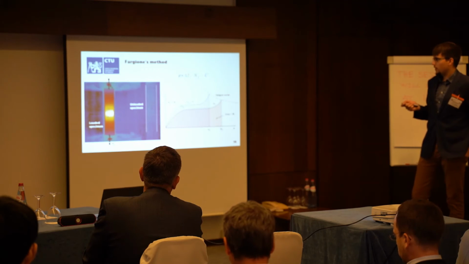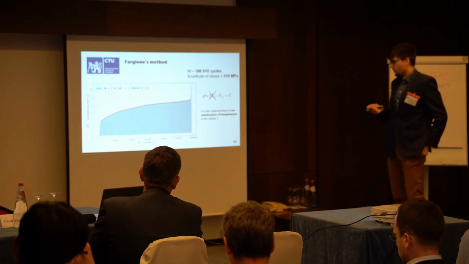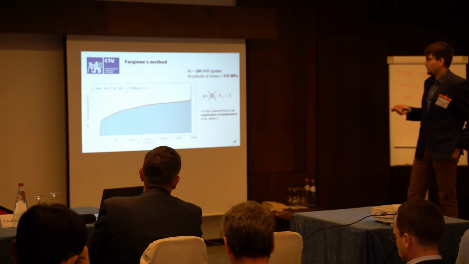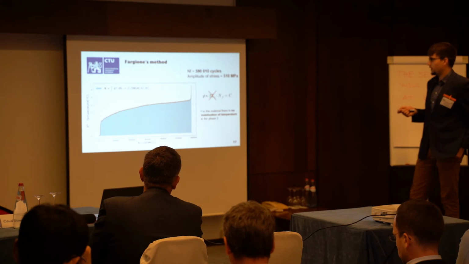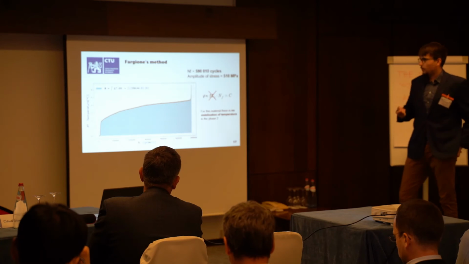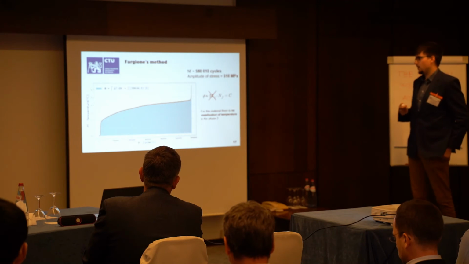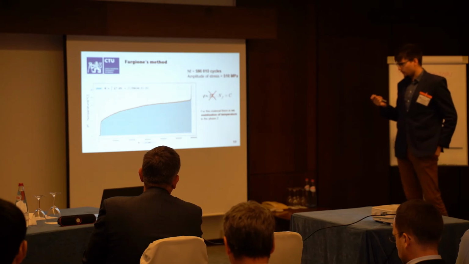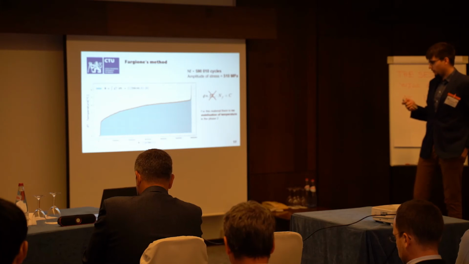So we are not able to say that the stabilization of temperature can be directly correlated to the amplitude of load. You cannot do this prediction when you don't have the stabilized temperature. So only for this instance we're trying to evaluate this parameter to see if it's dependent on the amplitude of load.